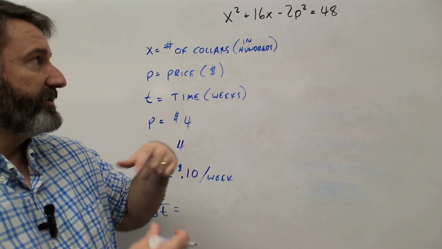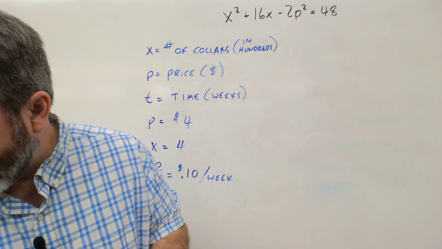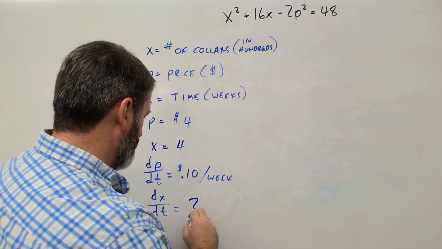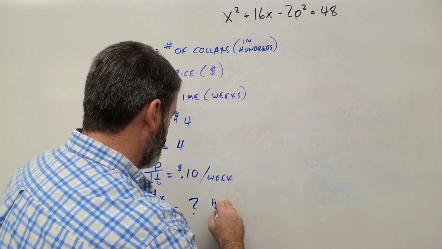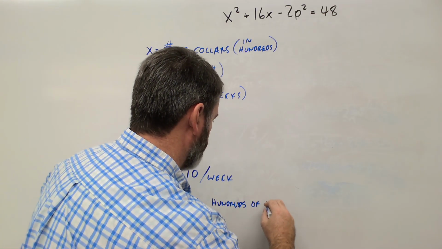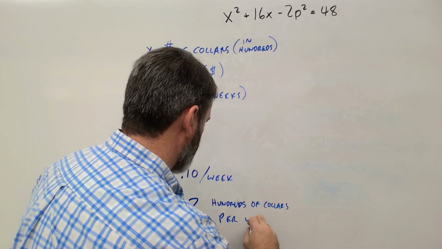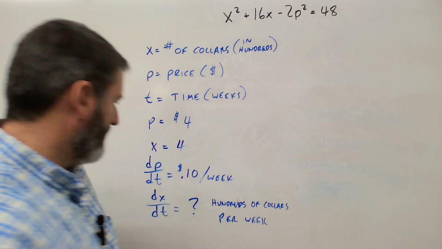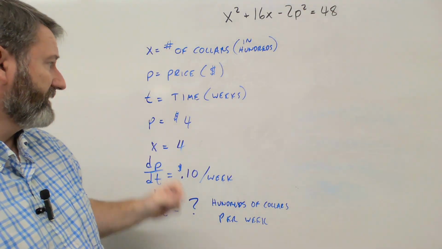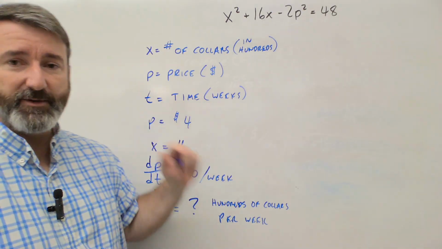That's going to be the change in our supply. How is our supply changing? And this is going to be in hundreds of collars per week, because X is in hundreds of collars, and our rate of change is with respect to T, which is in weeks.